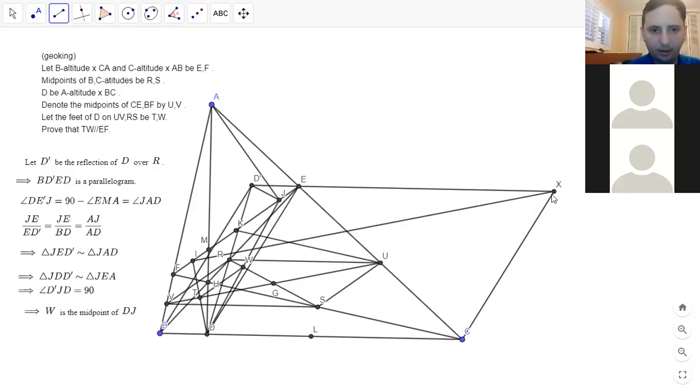So basically we want to show that a spiral similarity about D, we want to show ABD is similar to XDI. Is that right?